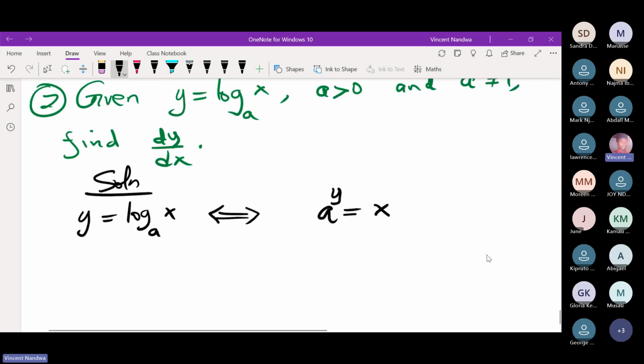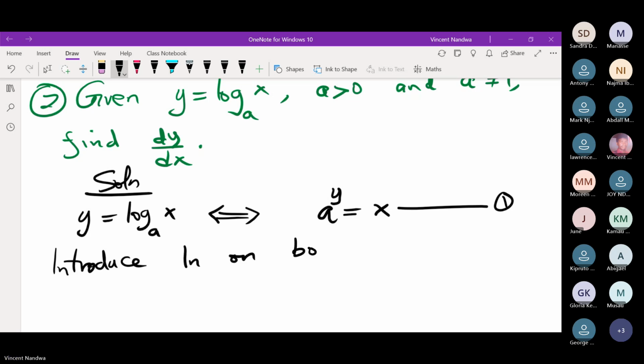So now call this one. Then next, introduce ln on both sides of 1. That is, I'll have ln of a power y is equal to ln of x.